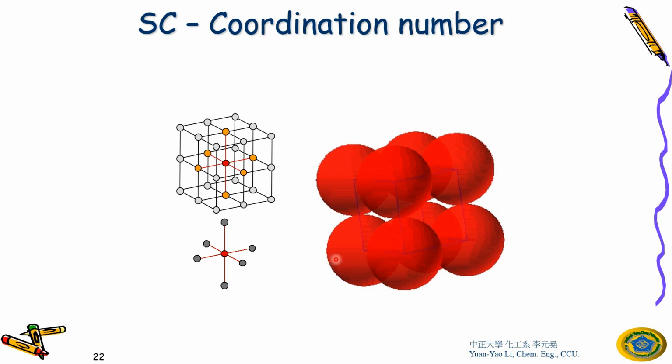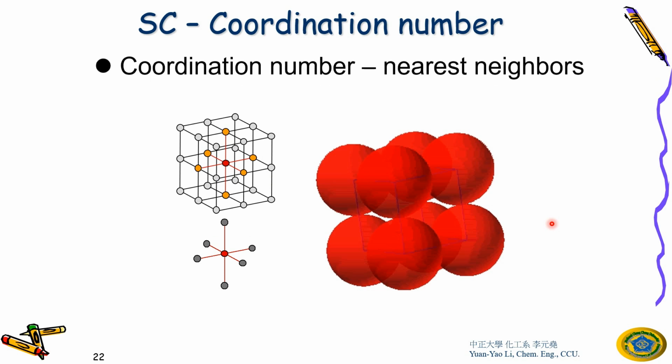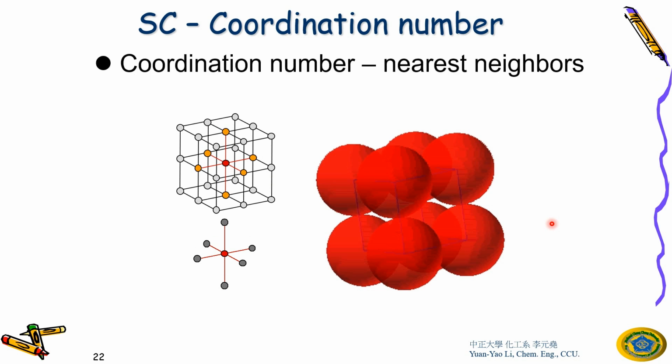How about any more? Yes, the one in the front. I didn't draw it, right? So this is 5 and 6. So you have 1, 2, 3, 4, 5, 6. So coordination number is what? The coordination number, the nearest neighbors, is equal to 6.